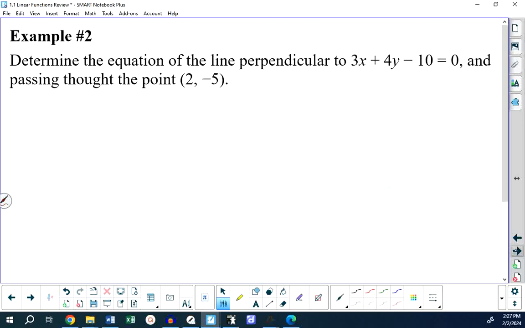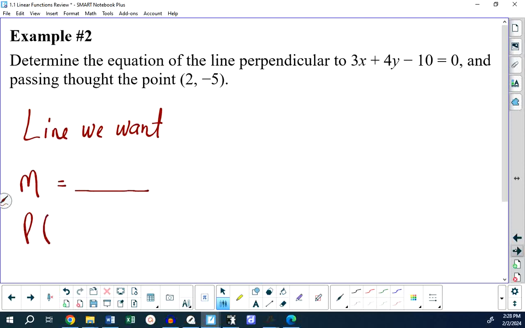All right, determine the equation of a line perpendicular to 3x plus 4y minus 10 equals 0, and also passing through a particular point. So the line we want to know the equation of will have a slope that we need to know, and it will pass through, well, it's going to pass through an infinite number of points, but we need to know the coordinates of one of those points.